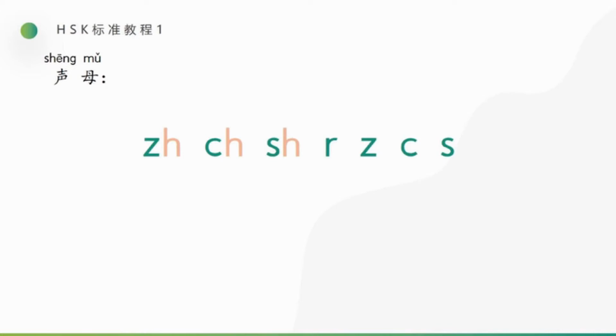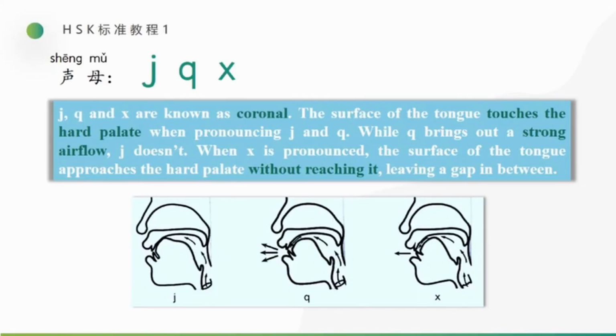Okay, so in the 声母 we learned these 3. Ji, Qi, Xi. Their sounds are very similar, but there are some little differences between them. Okay, Ji, Qi, and Xi are known as coronal.